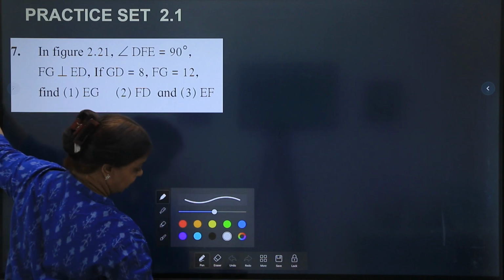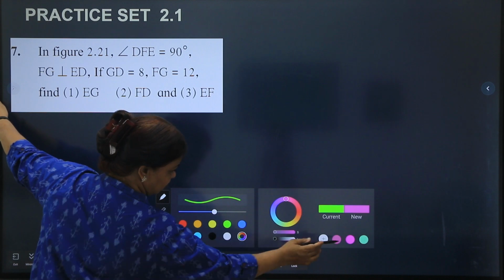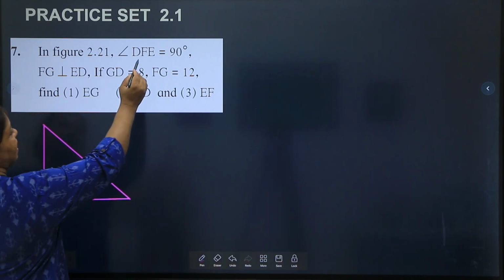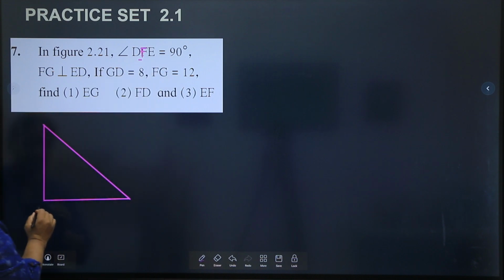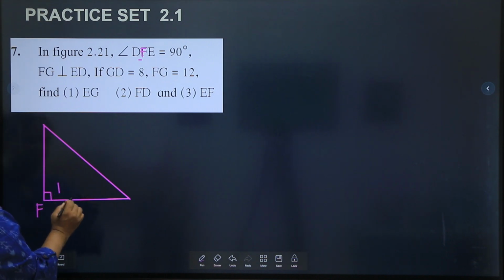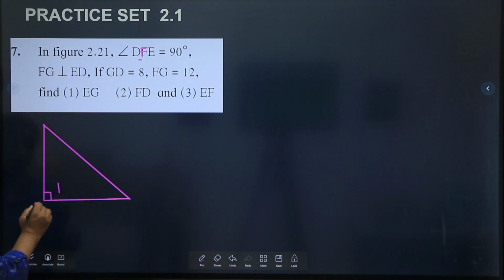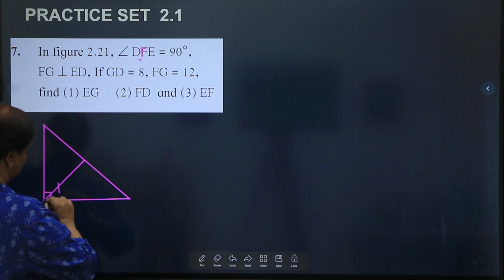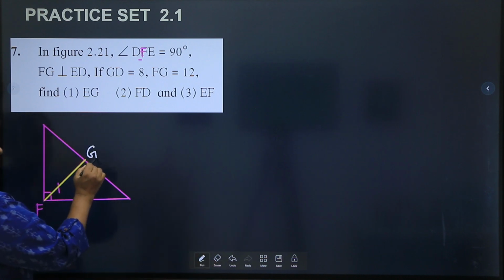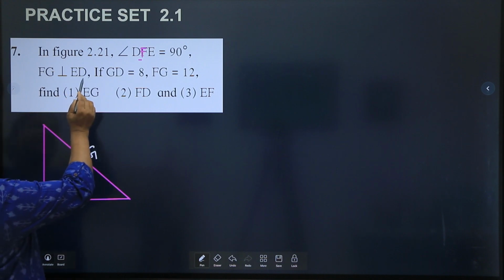DEF is 90 degree. So let's draw the triangle. DFE, F is 90 degree. So F is how much? 90 degree. And FG is perpendicular to ED.